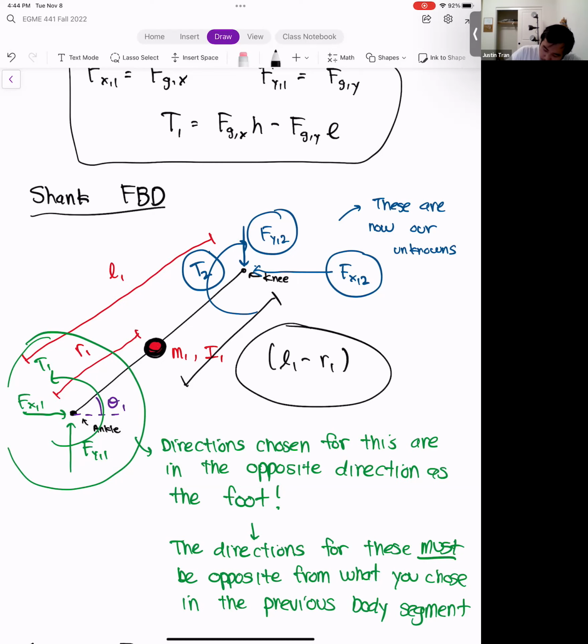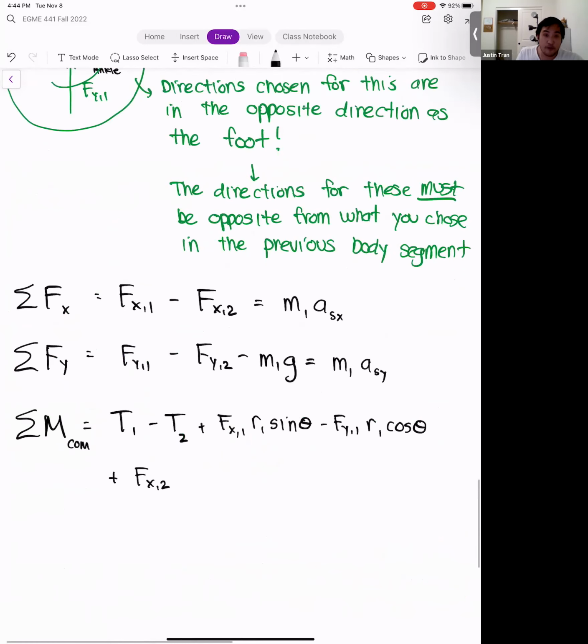Okay. All right, so Fx2 times L1 minus R1 multiplied by sine theta 1. Okay. And so that's positive, and then minus Fy2 L1 minus R1 cosine of theta 1.